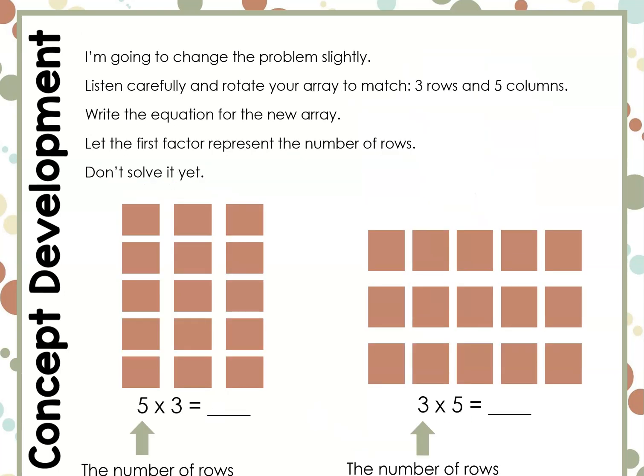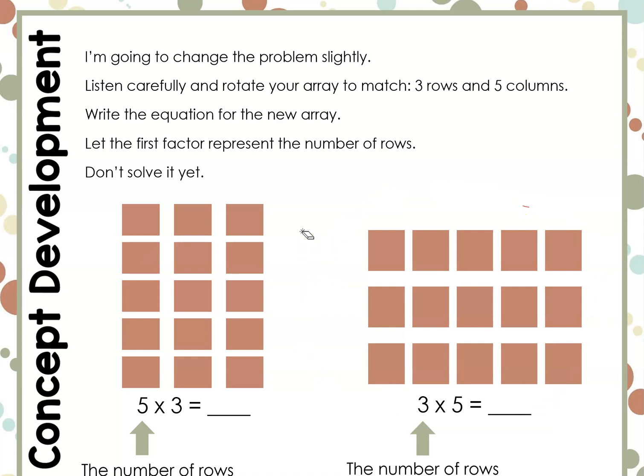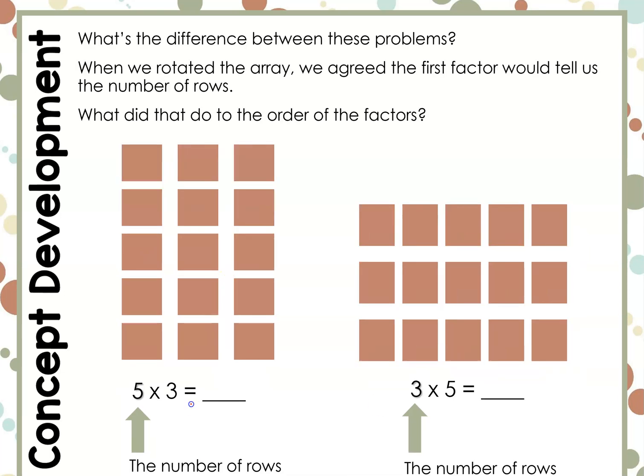Okay, so if I were to change the problem slightly, so here's the one we just did. Now, if we turned it on its side, but the first factor still represents the number of rows. So look at the differences between these two arrays. So what is the difference?